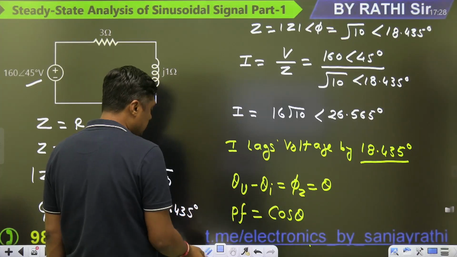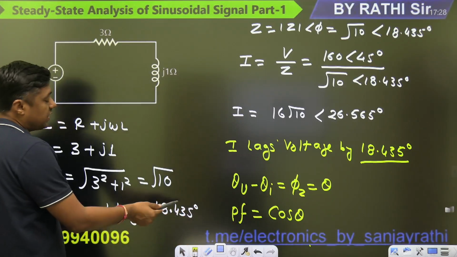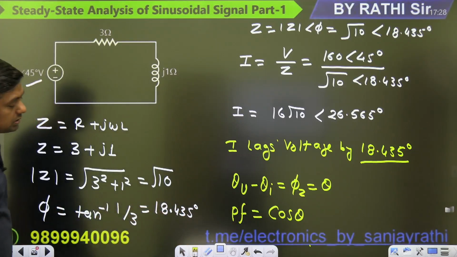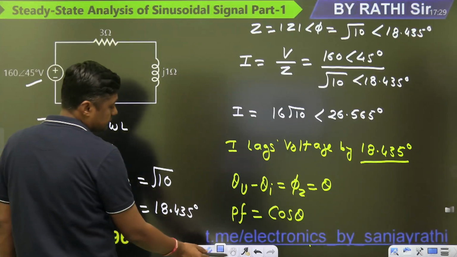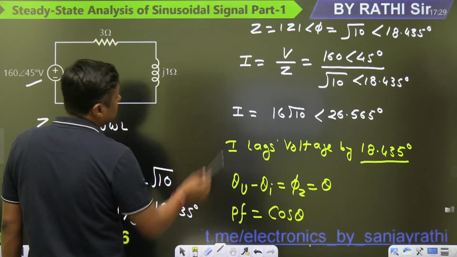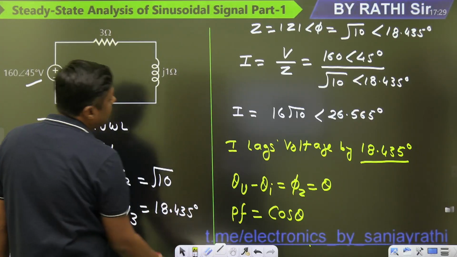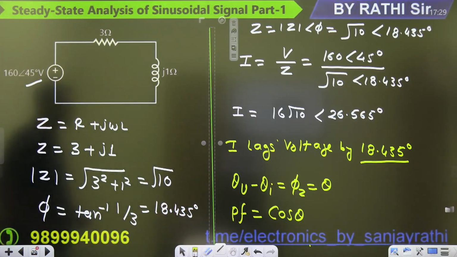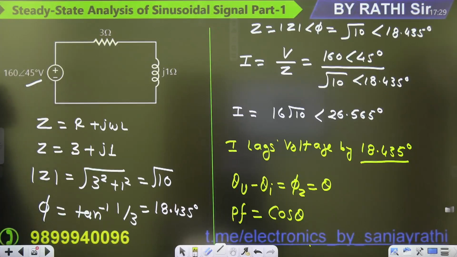Power factor is directly cos of 18.435. So reactive load Z is responsible for the phase difference between voltage and current. So that is called the resultant current in ampere.